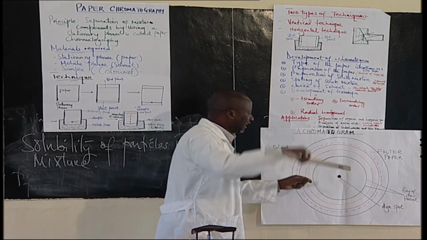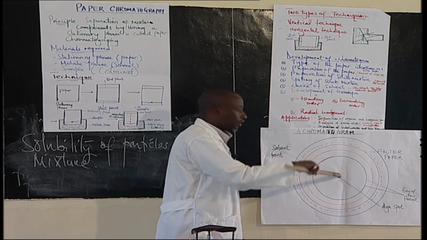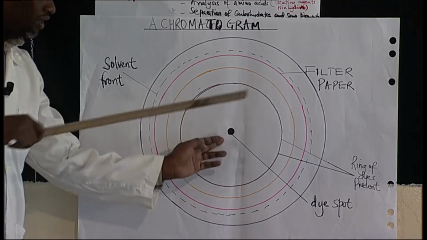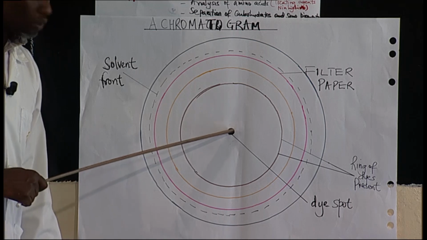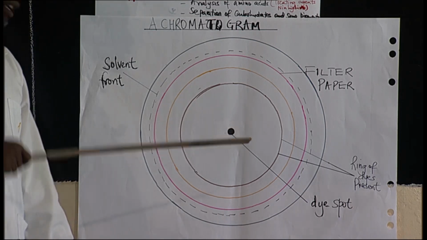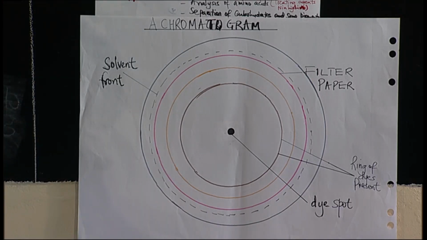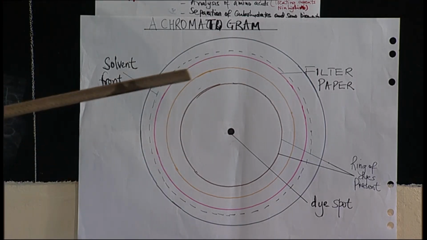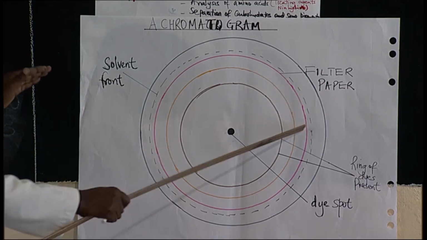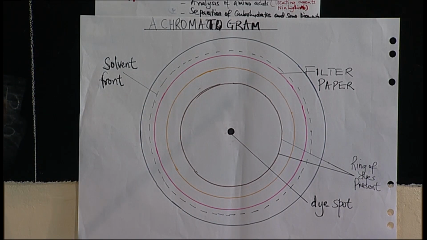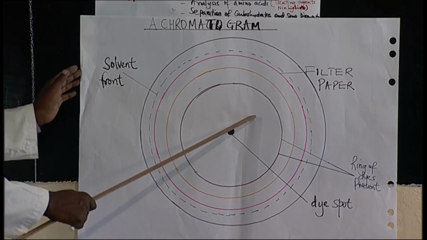The filter paper is the stationary phase, and you have the substance to be separated. Then you add the mobile phase. The solvent will move with the different solutes and will form rings. This is what we call the radial development technique.